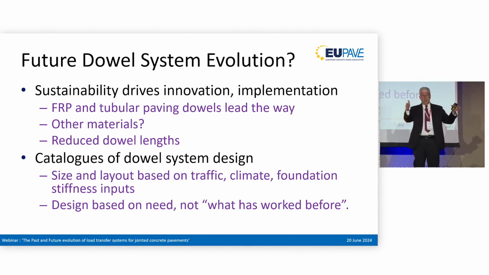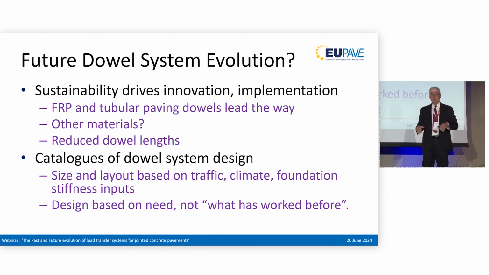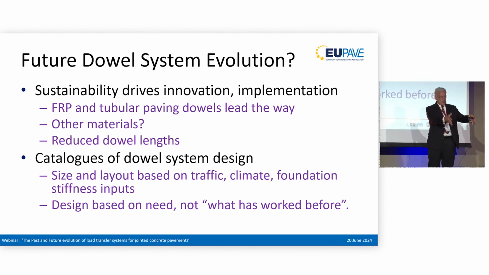Everyone used the same length bars, the same sizes, maybe one size difference for larger pavements and one size difference for thinner pavements. We need to really be designing our load transfer systems and evaluating their total capability and have a catalog that says, all right, if you're going to use FRP bars, this is the sizing and spacing. If you're going to use tubular bars, this is the sizing and spacing. Solid bars, this size and spacing.